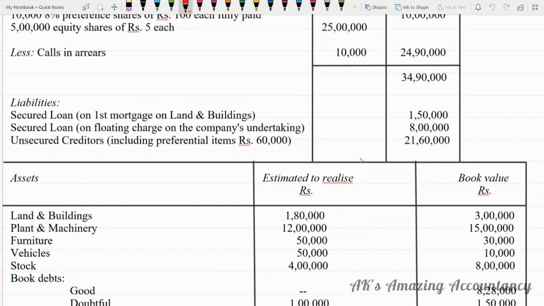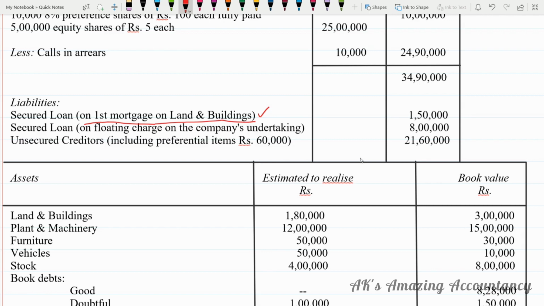When you look at the liabilities, you are given a secured loan on first mortgage on land and buildings. So it means that there is a charge over this particular asset, land and building.